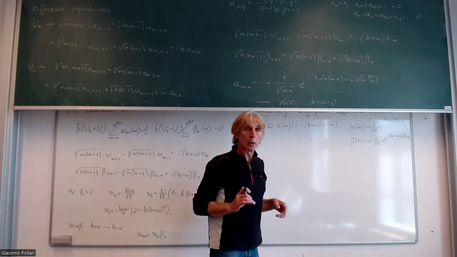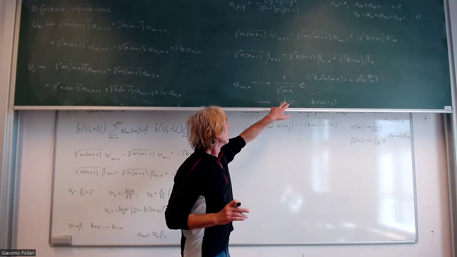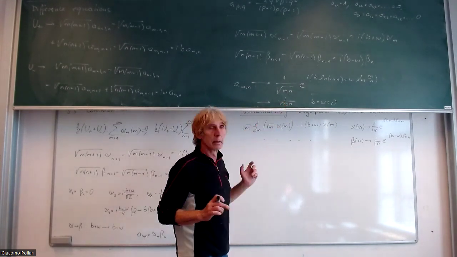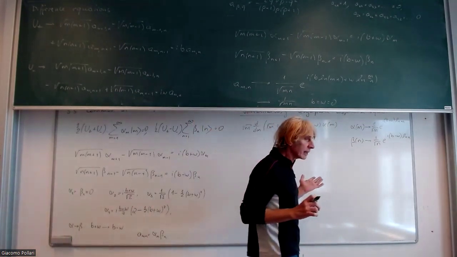And that's again not normalizable. Take the sum over m in n of 1 over n. It diverges again logarithmically. Maybe that's not a big surprise.